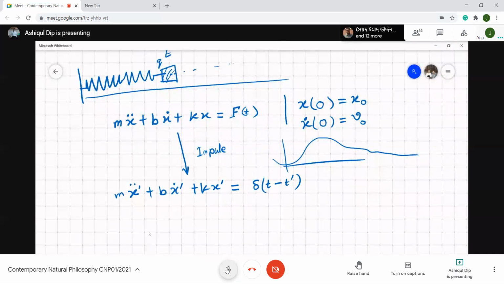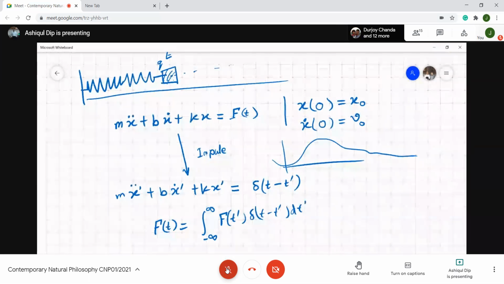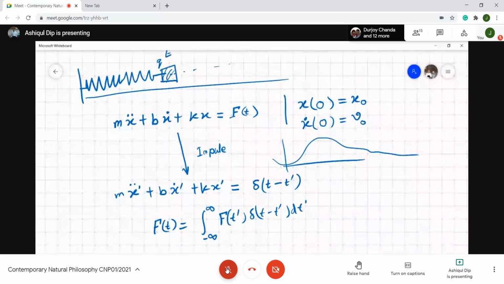Why are we changing the differential equation? There is a reason. If you have your f of t, you can always represent f of t as the integral from negative infinity to positive infinity of f of t prime, delta of t minus t prime, dt prime. So the goal is, instead of giving a general f of t, what happens when you provide a click on it?